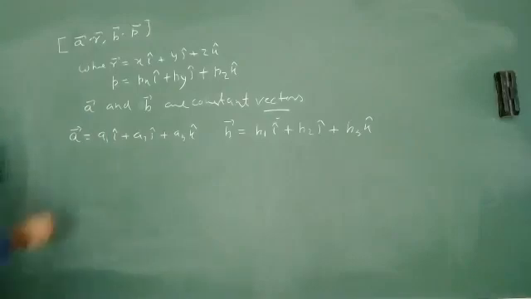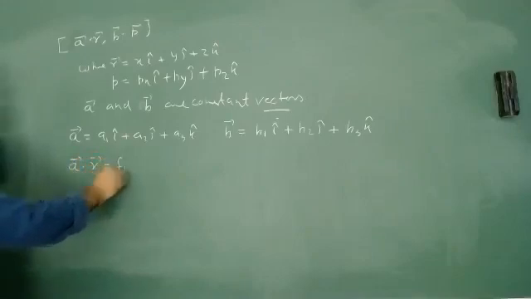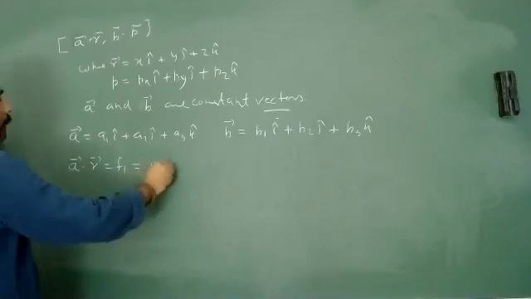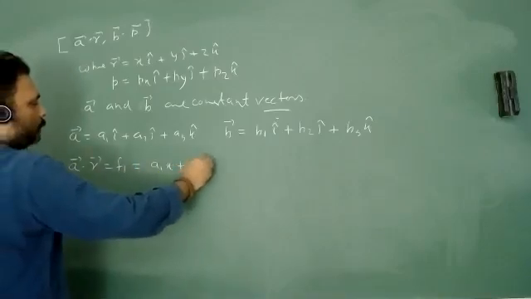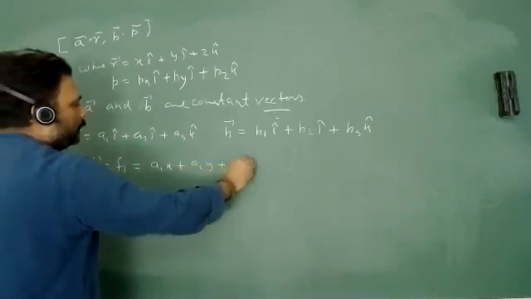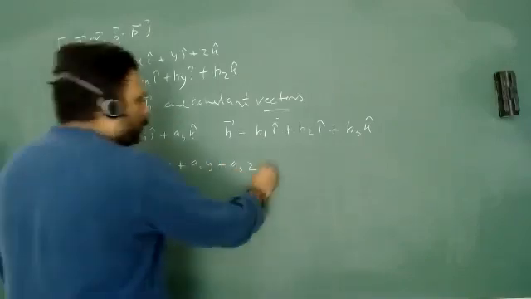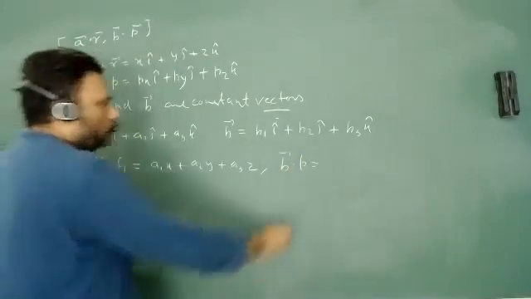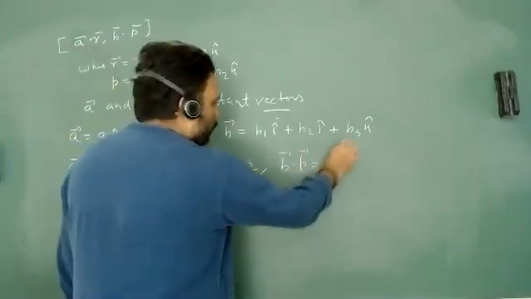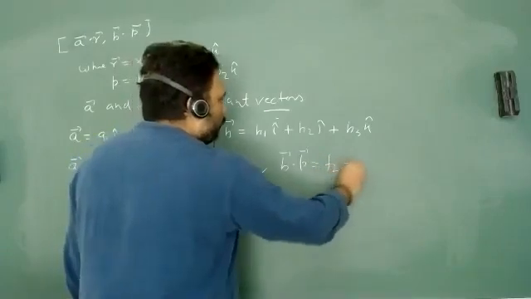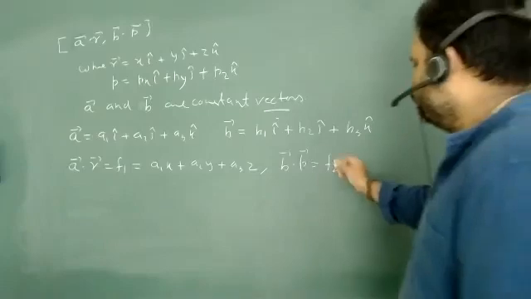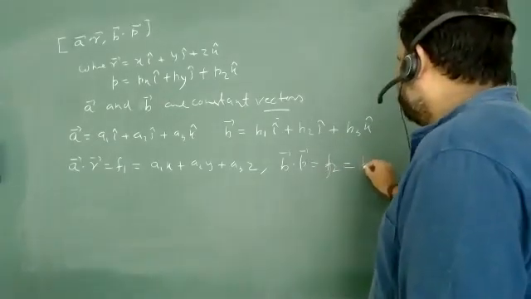I can assume A dot R is my function f1, and this will be a1x plus a2y plus a3z. Similarly B dot P is function f2, such that I can use f1 and f2 in the calculation. What will be f2?